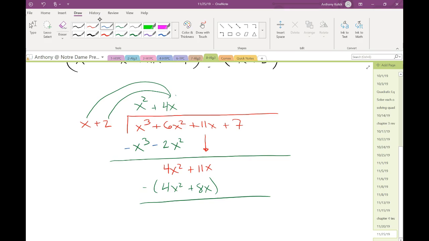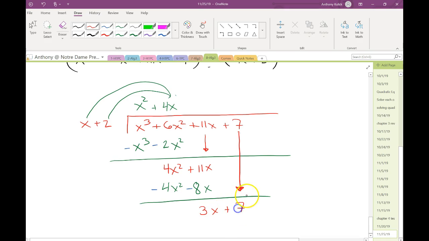But remember, we need to do what with that subtraction? Distribute it. So really I have negative 4x minus 8x. Everybody good with that? If we add down, 4x squared plus a negative 4x squared is 0. 11x plus a negative 8x is 3x. And then we bring the next term down.